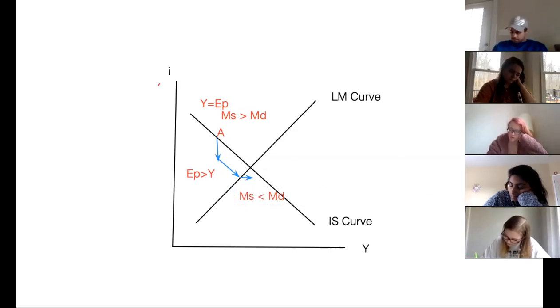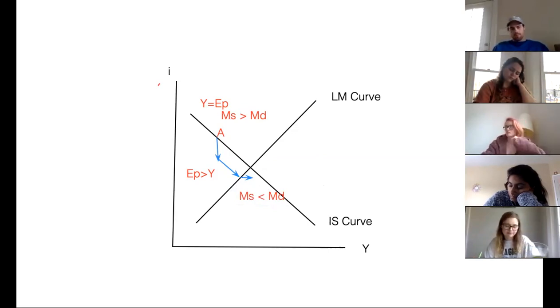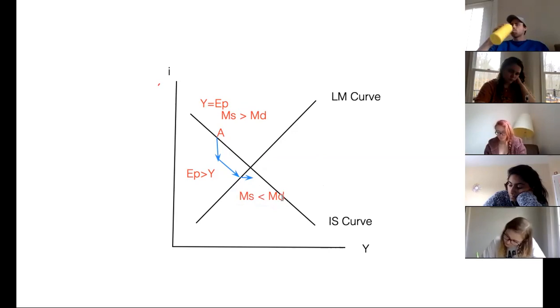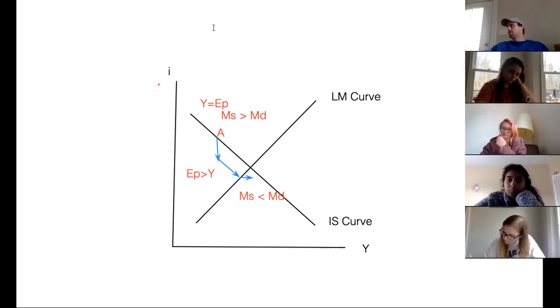So when money supply is less than money demand, what happens to the interest rates? Interest rates would have to go back up. Interest rates are going to start to rise, which means that now we're not going east anymore.